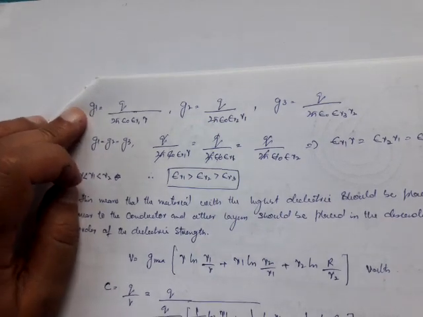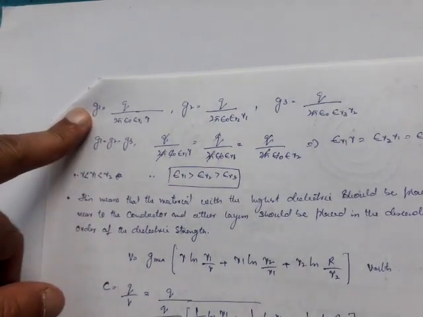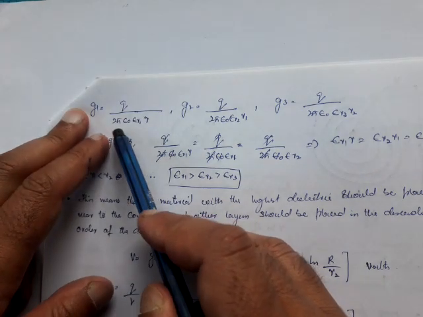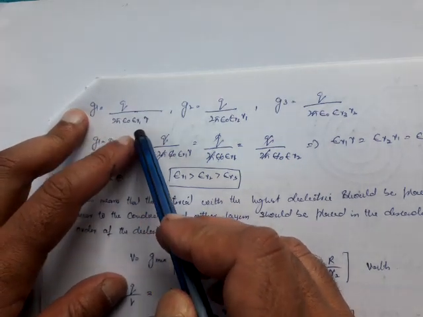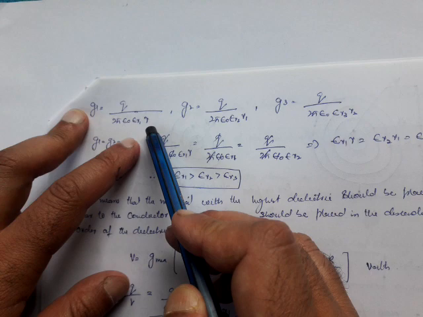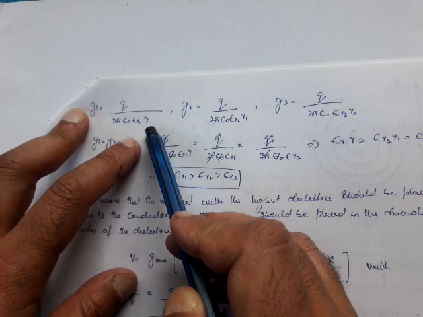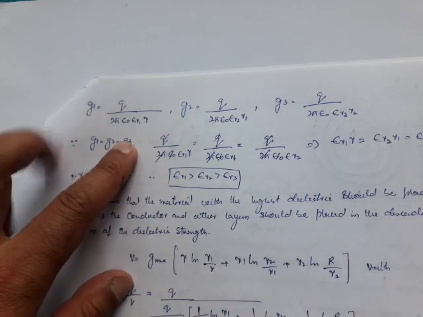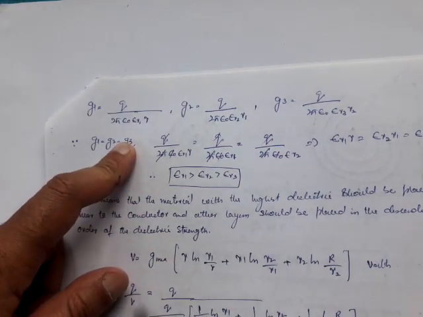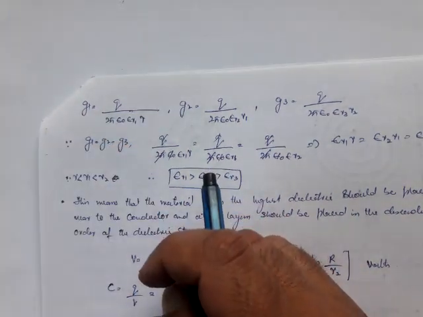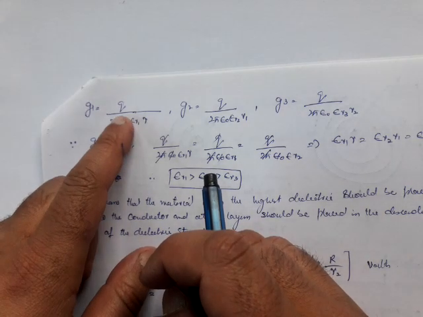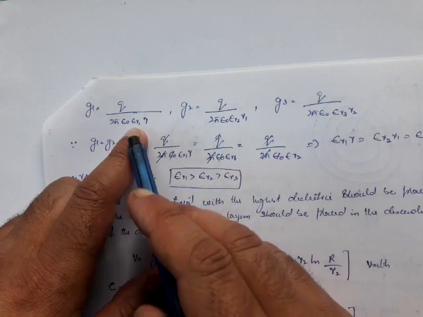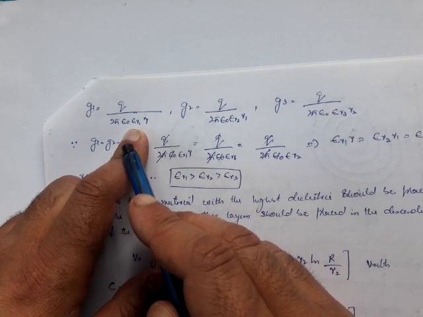Let us say G1. G1 is the electric stress in material 1. It will be given by Q divided by 2 pi epsilon naught epsilon R1 into small r, where small r is the radius of the conductor. Q is the charge on the conductor, as you have already done, and it will be charge per unit length. Epsilon R1 is the relative permittivity of the first dielectric.